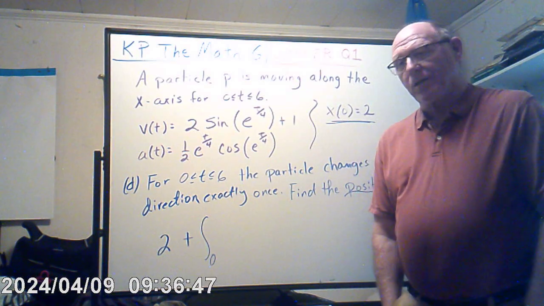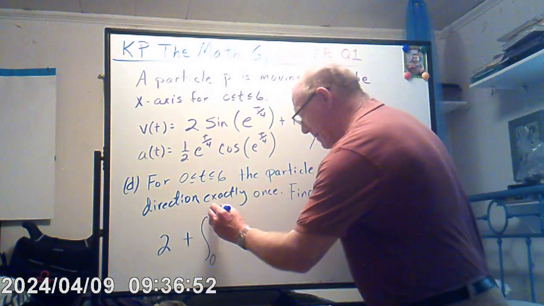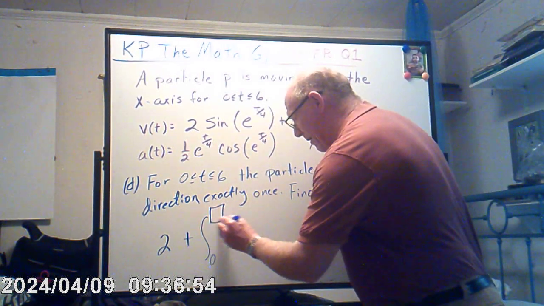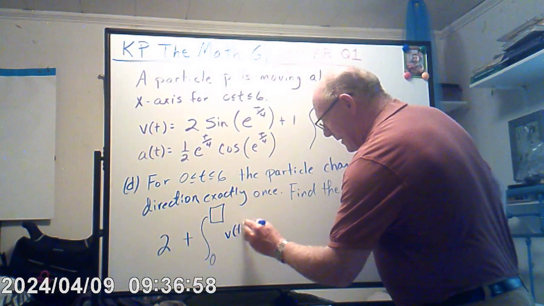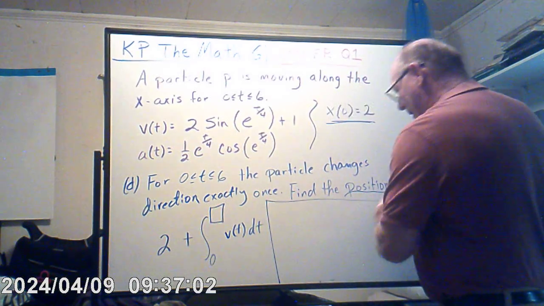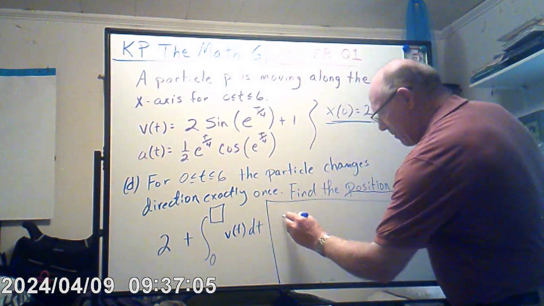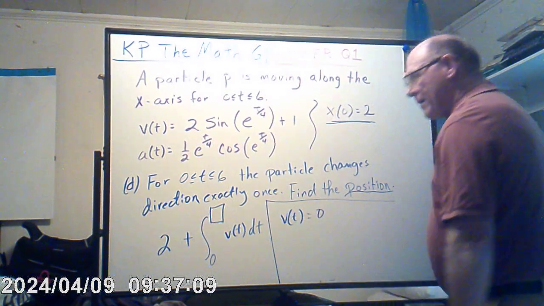So what we've got to do is find out where exactly it turns around. I know it's going to be the integral of v at t dt, but before we do that, we've got to figure out when it turns around. Just like we said, it turns around when the velocity is equal to 0.